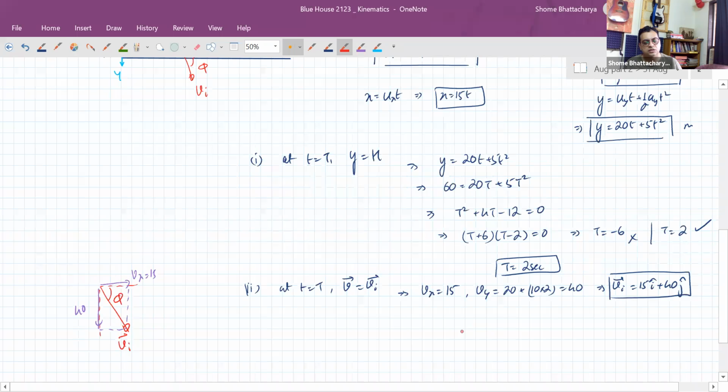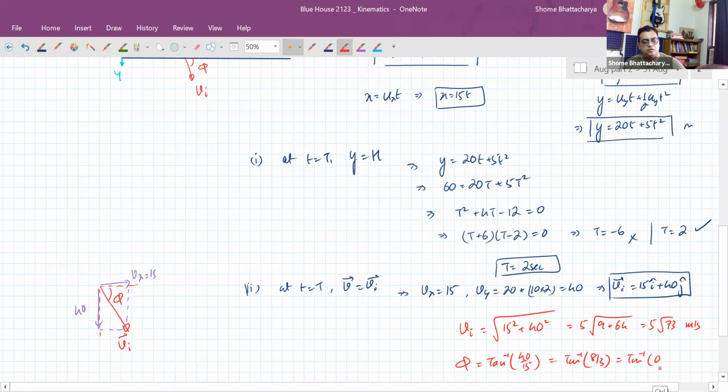So you can see two things here. That one is that the magnitude of the impact velocity or the speed is 5√73 meters per second, and the angle phi will become tan inverse of 40 by 15 or tan inverse of 8 by 3 or tan inverse of 2.67.